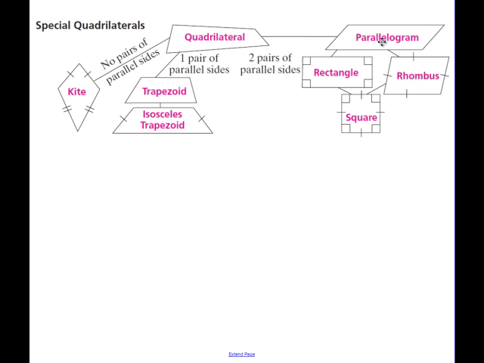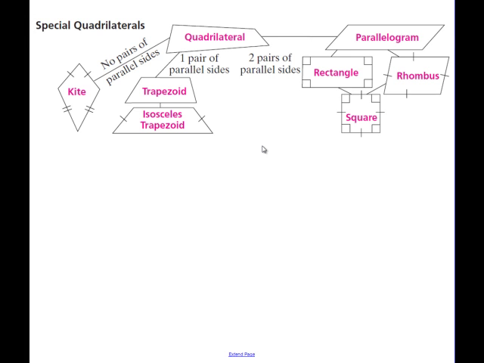That's true for all parallelograms. So you can do that for squares, for rectangles, for rhombuses, and you'll always find that those diagonals bisect each other. So those are some useful properties of parallelograms if we know that both pairs of sides are parallel.